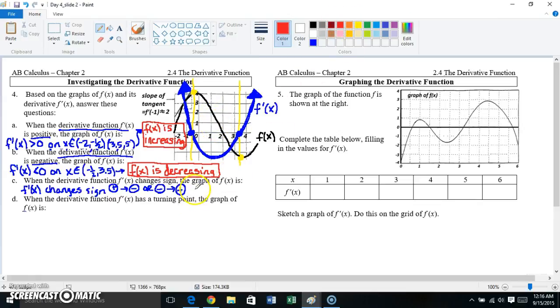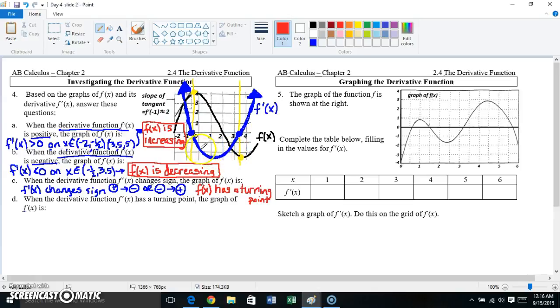Okay, so our function has a turning point. That's what we call that, a turning point. All right, so we've gone up, we've stopped, we've gone down, we've turned, essentially.